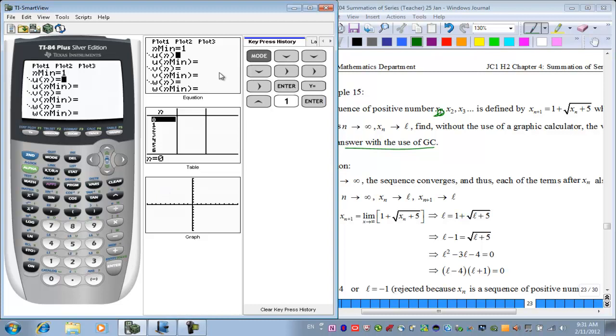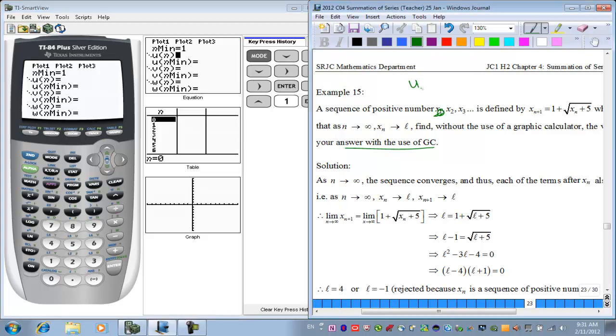Now what about un? Because our calculator cannot show us a subscript, instead of putting the n as a subscript, it puts it in a bracket. So this bracket just means that this is in the subscript, so this will translate to this. Now, we are asked to key in what un is, and if you look at the question, I am told that xn plus 1 is equal to 1 plus square root of xn plus 5.